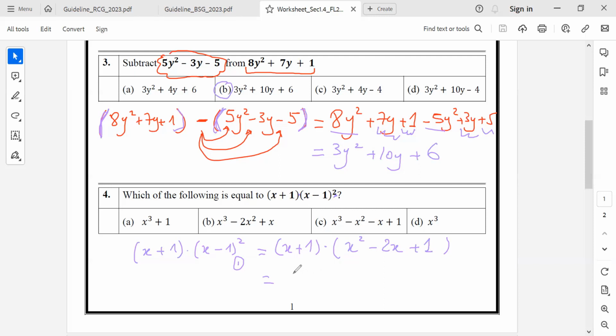And then you distribute: x cubed minus 2x squared plus x, squared minus 2x and plus 1, and you simplify: x cubed, minus 2x squared plus x squared, minus x squared, x minus 2x minus x, and the constant plus 1. Where is the correct answer? It's answer C.